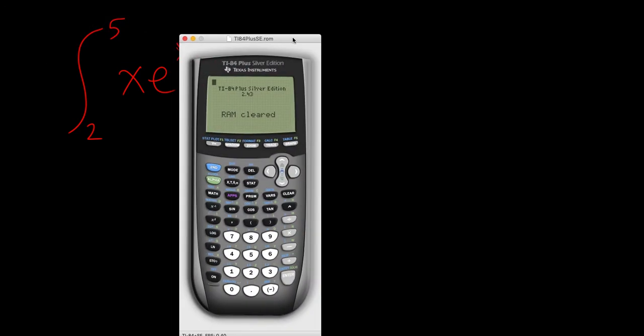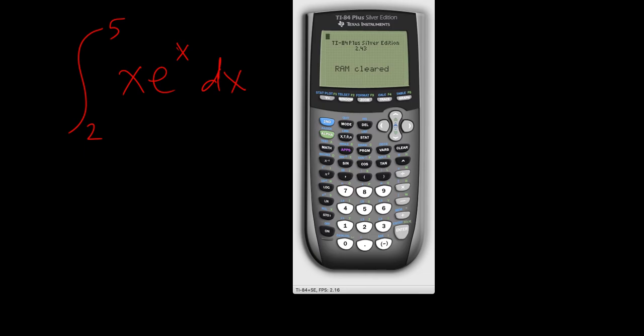I'm going to open up my calculator. For mine, I go second, catalog, and then I need to go all the way down to f, because I'm looking for fnInt. Okay, it's right there.